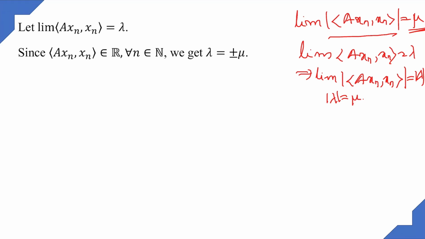And now we know that lambda is a real number. Lambda is a real number and mod lambda equal to mu implies lambda is either plus mu or minus mu.